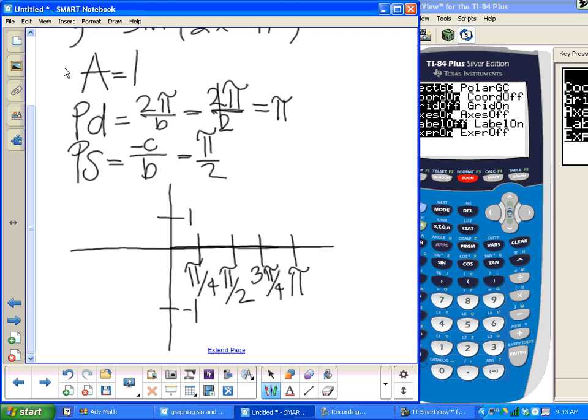So we're going to have to add 2 units on which side? To the right. So add 2 more units. Right, 5 pi over 4. And then 6 pi over 4 would be 3 pi over 2.